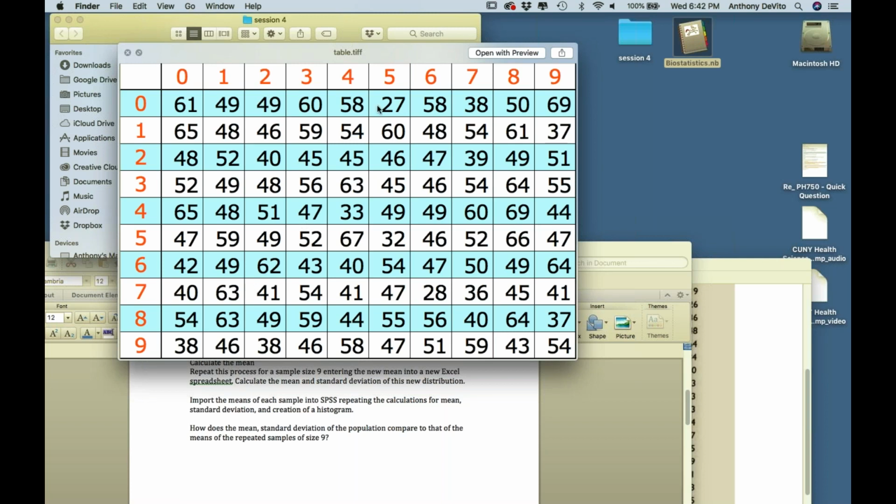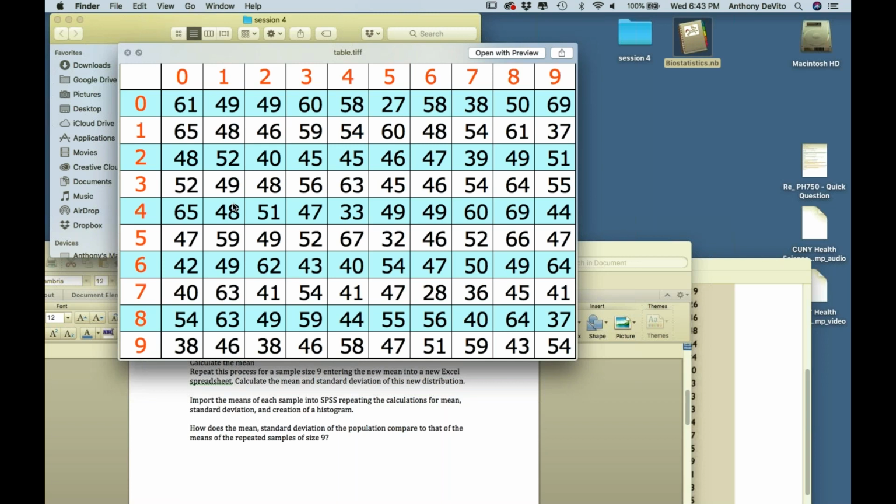There are 10 rows by 10 columns, so it's 100 numbers. They are approximately normally distributed, as it happens. So these numbers in these various boxes are normally distributed. This is going to be our population.